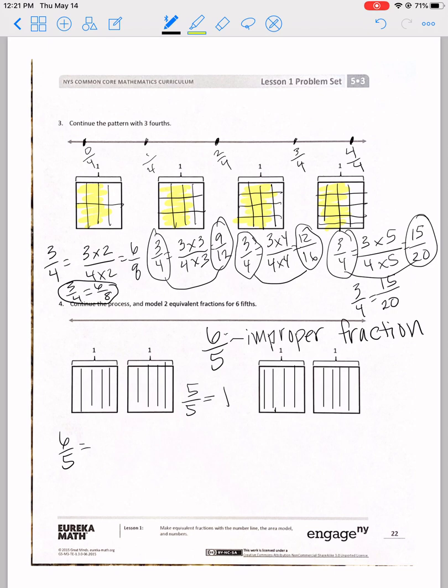But we're going to find what's equivalent to 6/5. So we're going to use our formula of numerator 6, starting with the 2, denominator of 5 with the 2, and we're going to break it up in half, right? Because the 2 is telling us to break it in half.